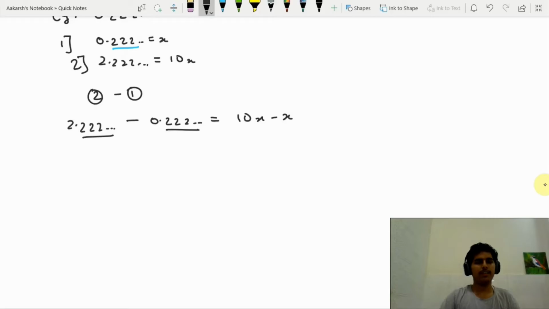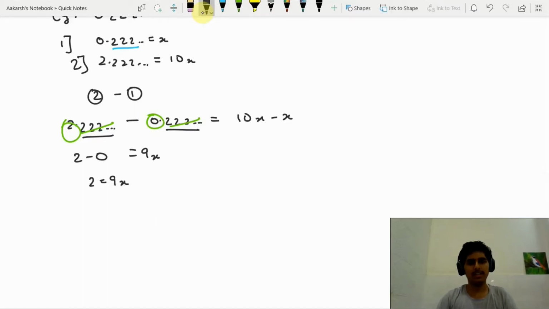It is effectively just 2 minus 0, because this part and this part get cancelled. I have only the 2 which remains, and that will be equal to 9x. So 2 is equal to 9x. Now I can divide by 9. I get x as 2 by 9.